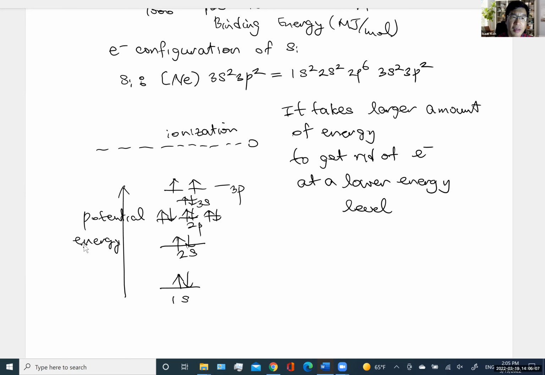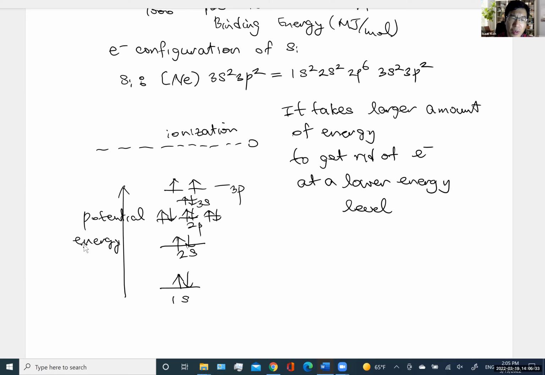When we take out electrons, binding energy means the amount of energy required to remove that electron from the atom. Ionization means potential energy becoming 0. So the higher the energy level, the easier it is to take out electrons.